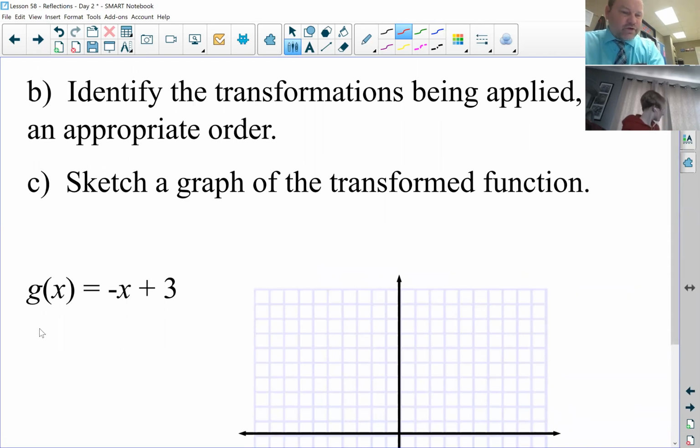So in this case, part A, the parent function. Well, if I get rid of the negative here and get rid of the +3, the parent function is just x.